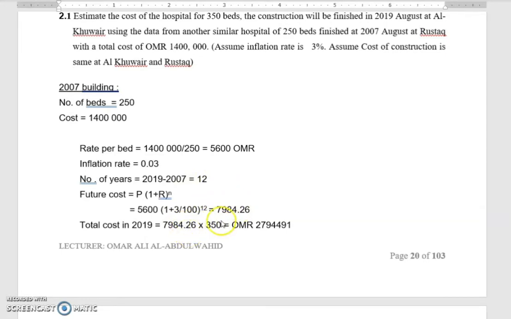This number represents the price of the bed in 2019.